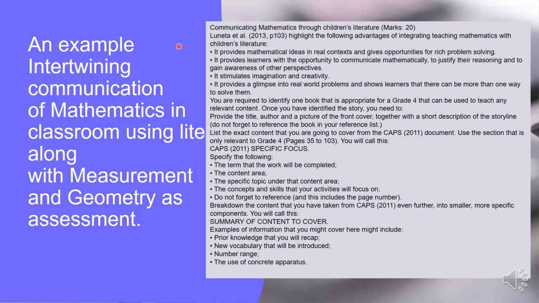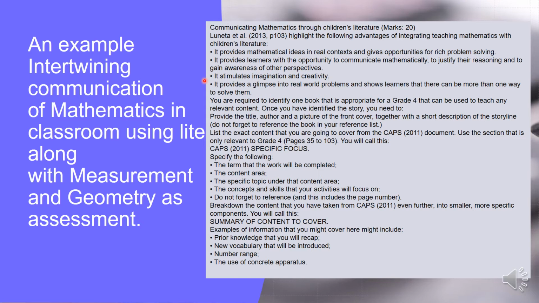Here you provide a mathematical idea in real content, giving learners opportunities for rich problem solving, an opportunity to communicate mathematically and justify their reasoning, and gain awareness of other perspectives.